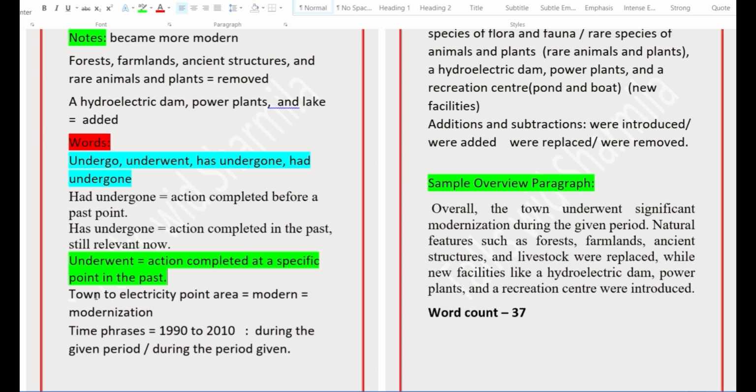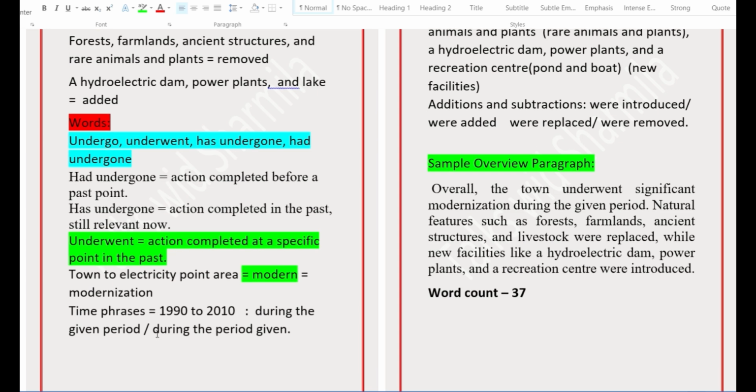Then town to electricity point area. From the town, it has changed into an electricity point area. So what has it become? Modern. Instead of using the word modern, it is the word modernization. Now, to show your language skills, the time phrases should be incorporated.